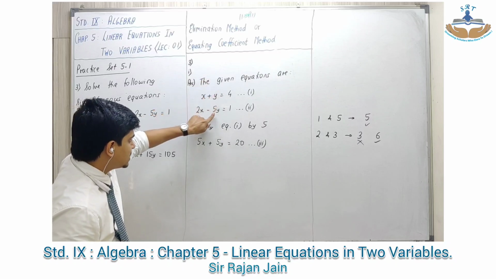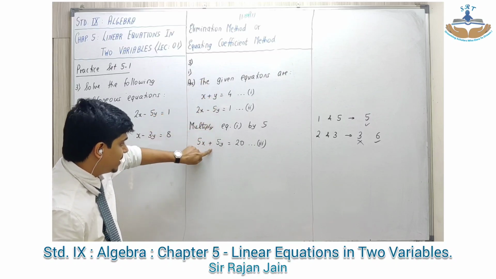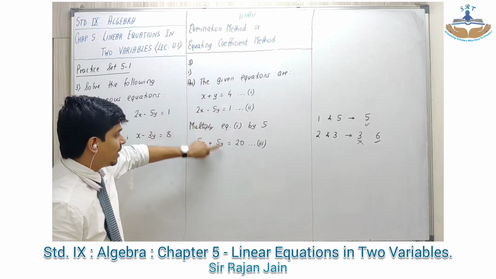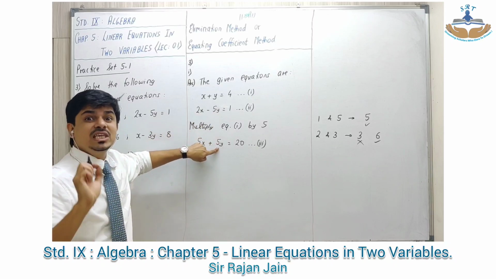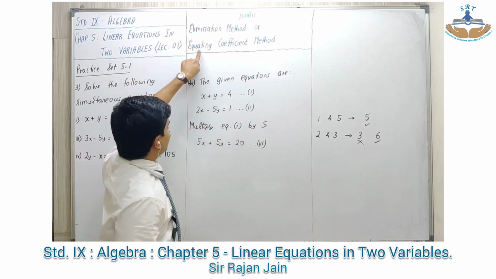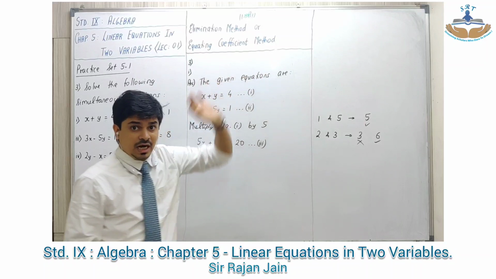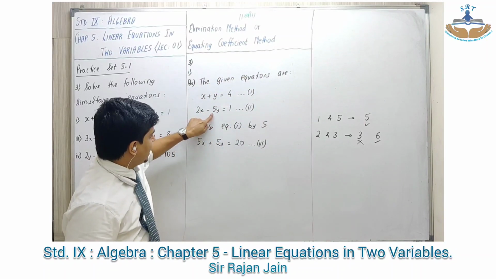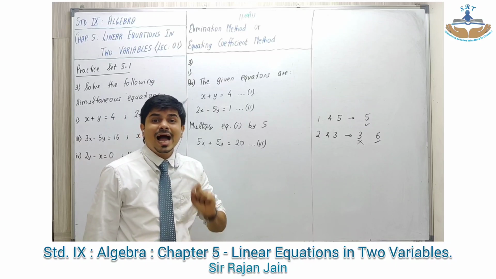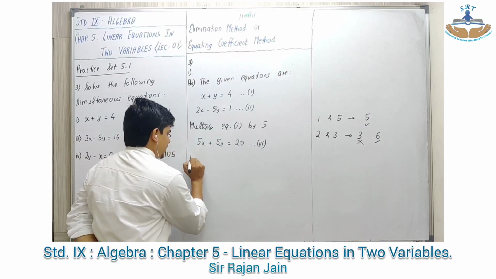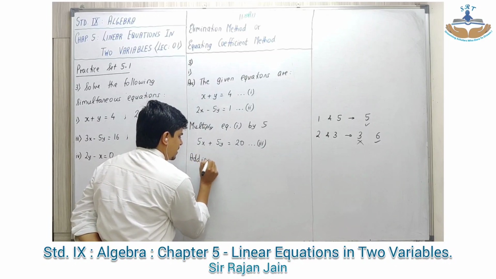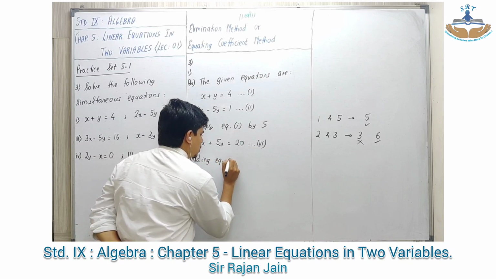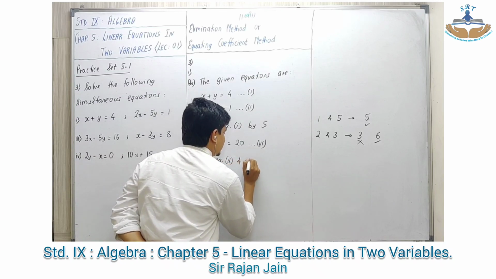Now if I go to see second equation and third equation, is my coefficient of y the same? Yes, I have equated the coefficient. That's the name, equating coefficient method. Now I have to eliminate that coefficient. This is -5, this is +5. I will add the two equations. I'll say adding equation 2 and 3.